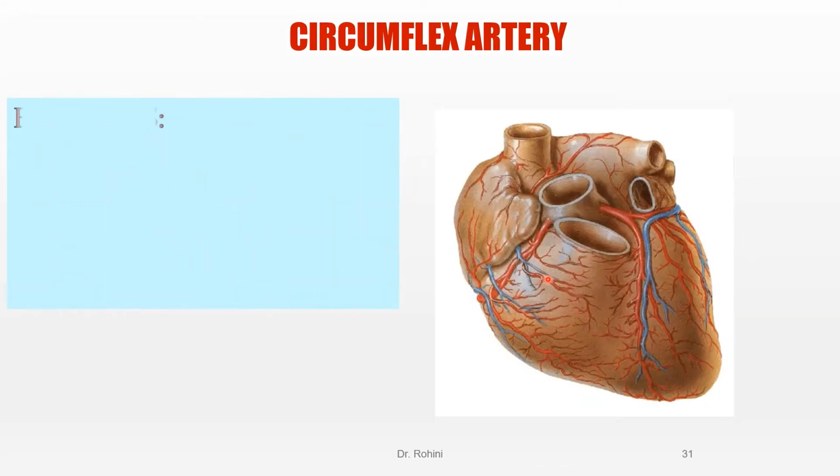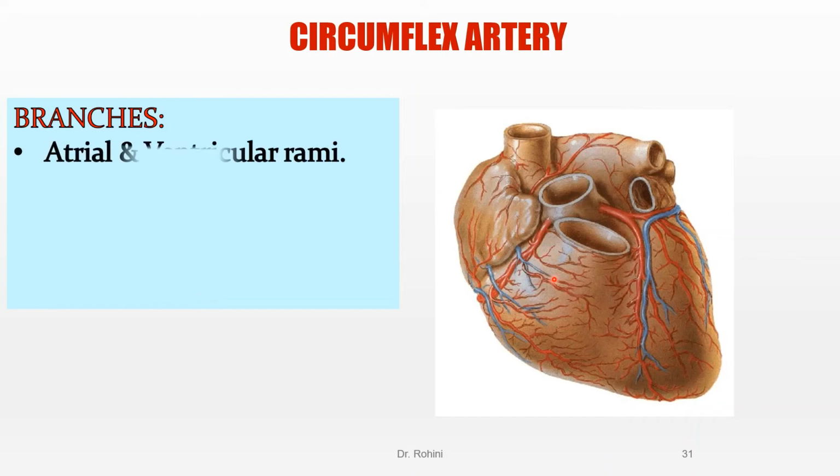Now branches. Circumflex artery has to supply atria and ventricle. So it gives atrial rami and ventricular rami to supply the adjacent surfaces of left atrium and left ventricle. We can see atrial rami, ventricular rami.